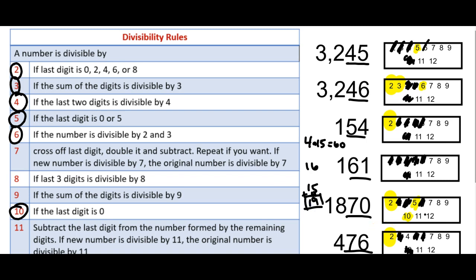That was the first thing that came to my head. An easier way, I guess, to think about it is that 4 times what gives you 80? 4 times 20 will give you 80. So if you go one less than that, 4 times 19, you get 76 there. So that means 4 will go into 476. So we do have one on here divisible by 4.